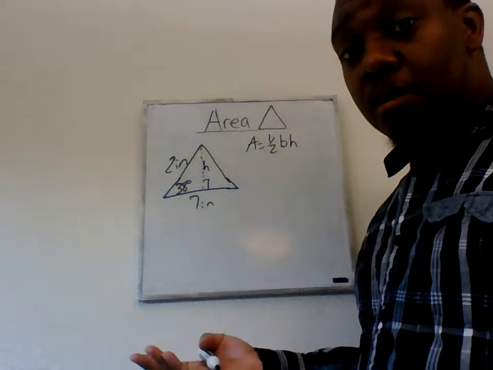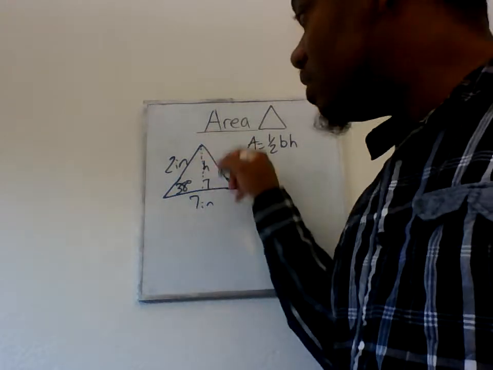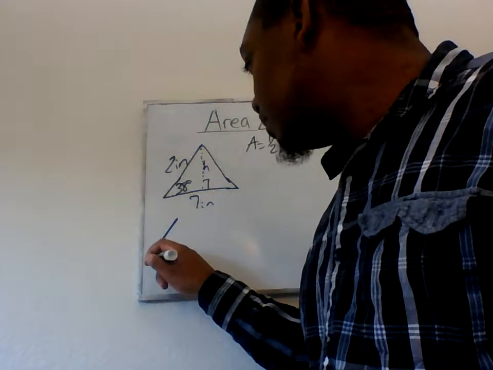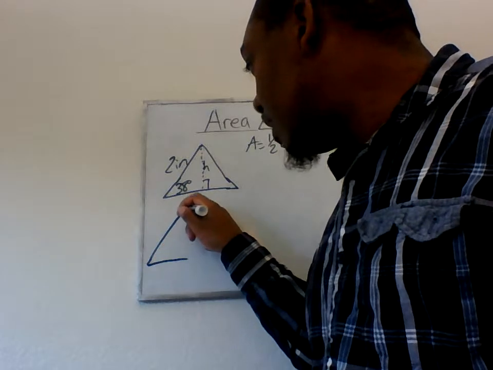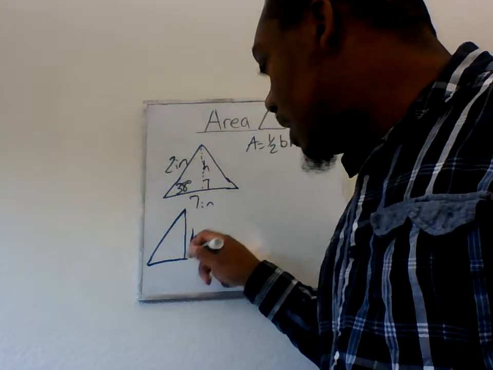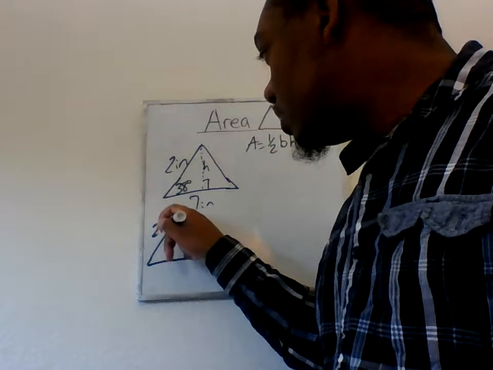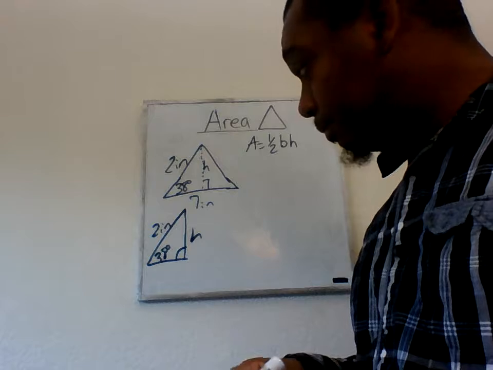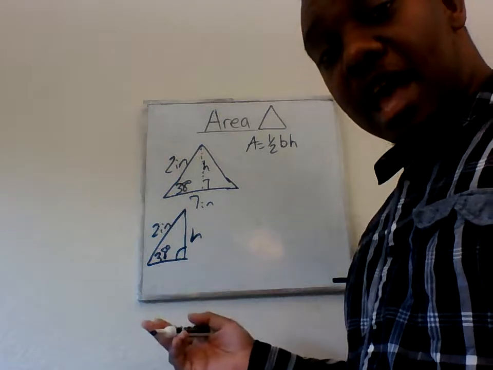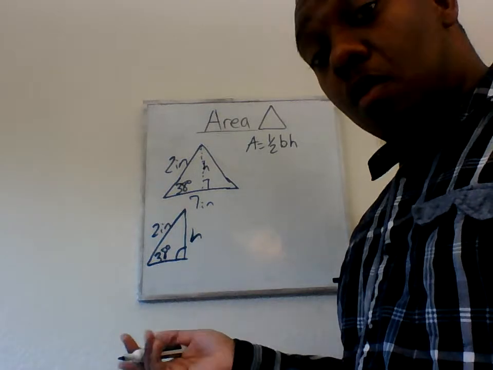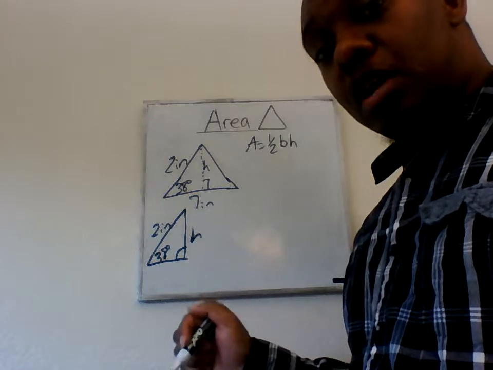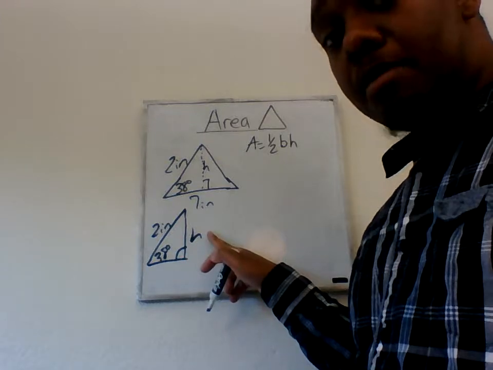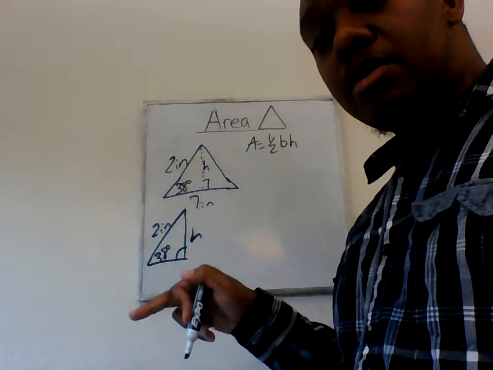Well, I could use some trigonometry because this is a right triangle. This splits this into two right triangles. And in one of those right triangles, I know enough information to find the height. So the height is h. I know that this is 2 inches, and I know this angle is 38 degrees. Okay, so based off that, how could I find the height? Well, if I remember from my right triangle trigonometry, I have an angle given, and I'm looking for the opposite side, but I know the hypotenuse.